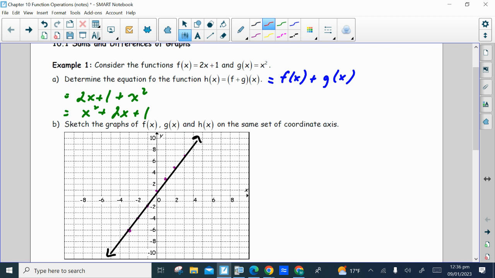Our second equation is g at x, which is just x squared. So we start with values of x, we square them to get y. 0 squared is still 0. Oh, that spot, it's in the wrong spot. There we go.